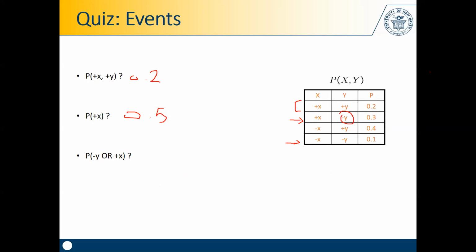What does that give us? 0.2 plus 0.3 plus 0.1 plus 0.3 gives us 0.9. Now we subtract 0.3, the overlapping probability, which gives us 0.6. Any questions about this? All right, cool. Let's move on.